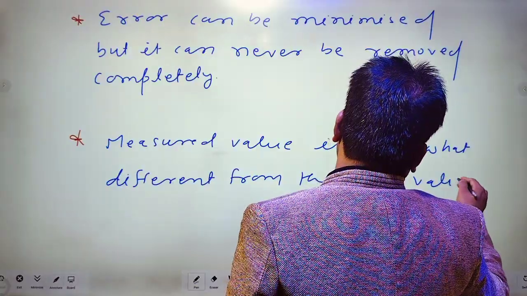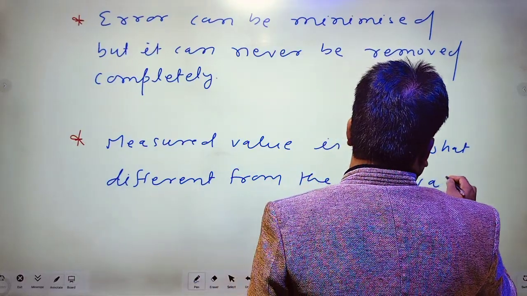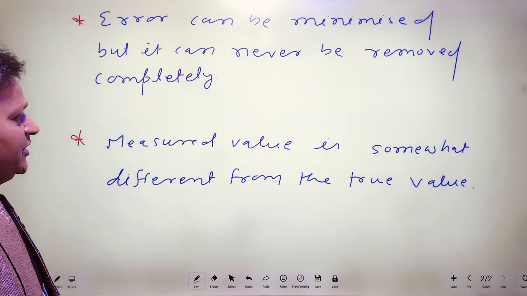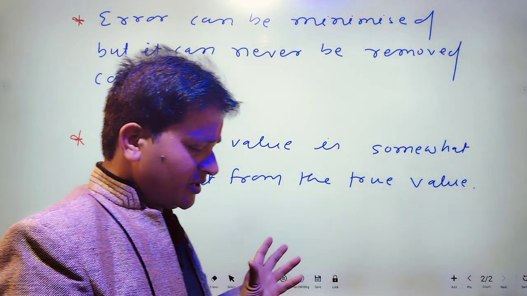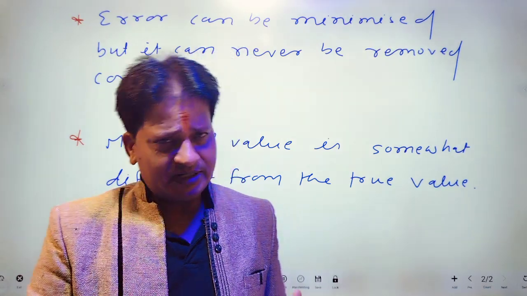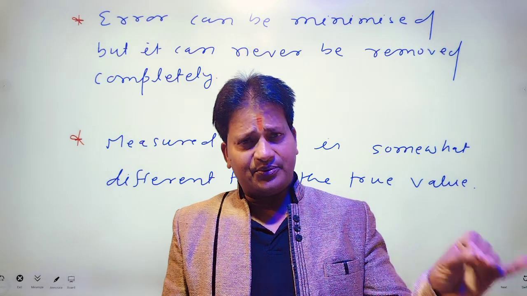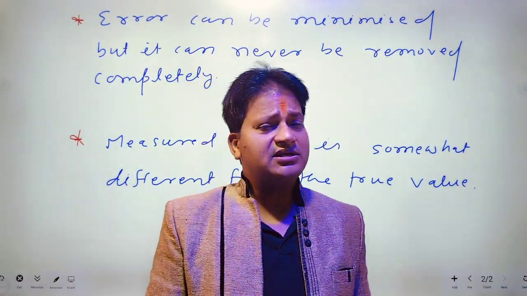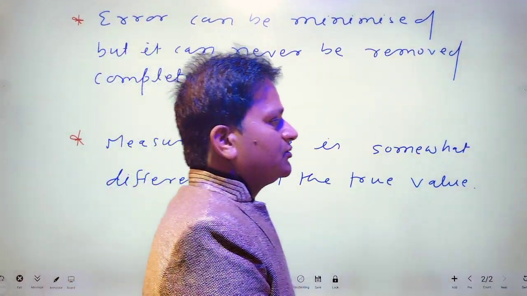True value is also called the actual value. Measured value is somewhat different from the true value because error can never be removed completely. Therefore, there will be a difference between measured value and true value, and this difference is called error. I have already taught you.